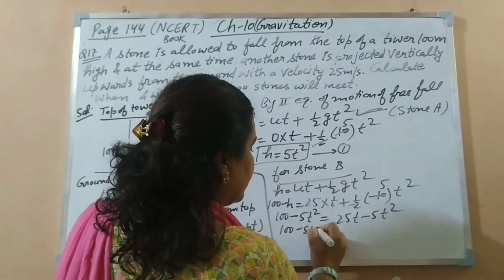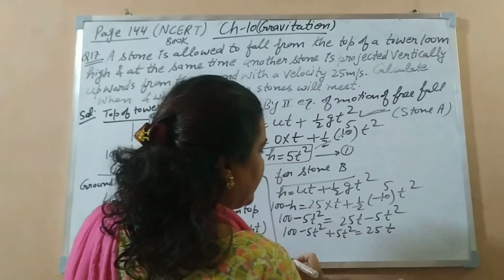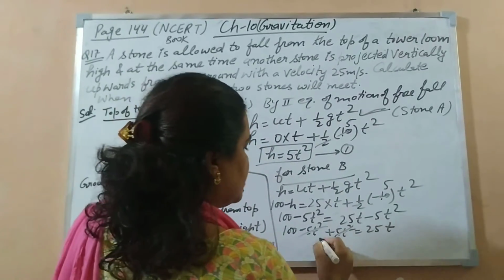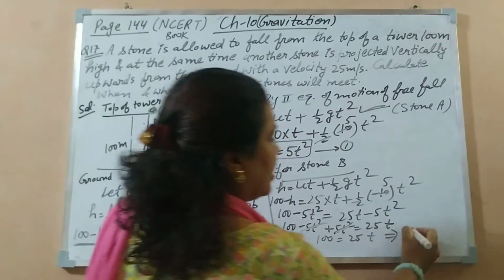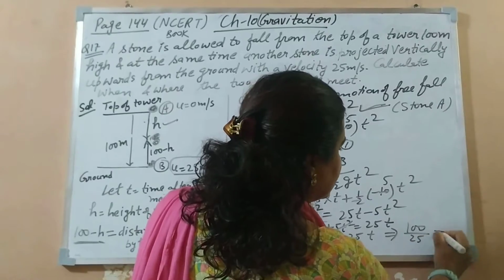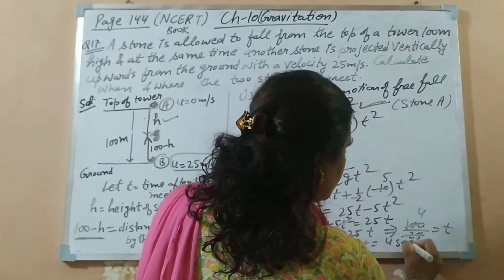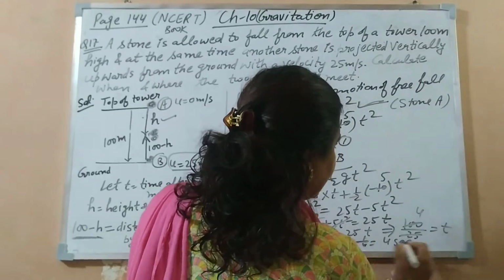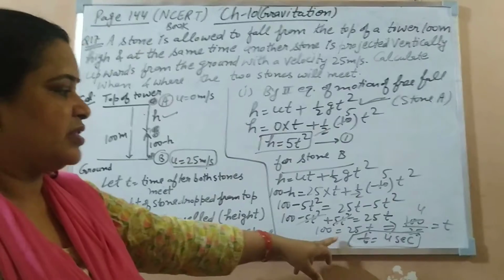100 minus 5t² plus 5t² is equal to 25t. The t² terms cancel out, and we get 0. So 100 = 25t, which implies t = 100/25. That is 4 seconds. So after 4 seconds of dropping time they will meet each other.